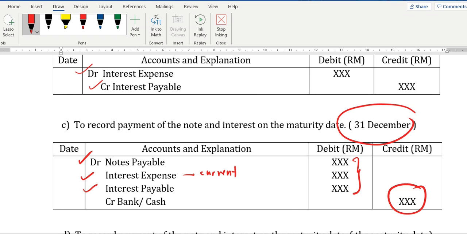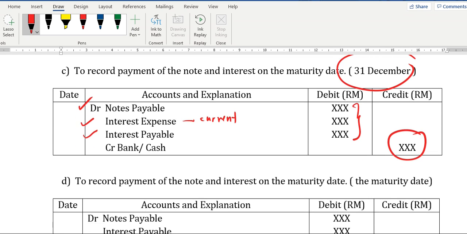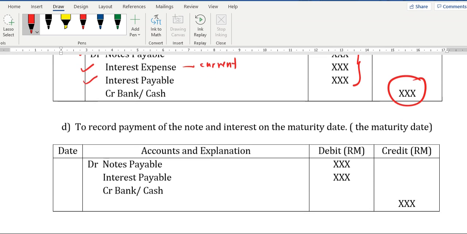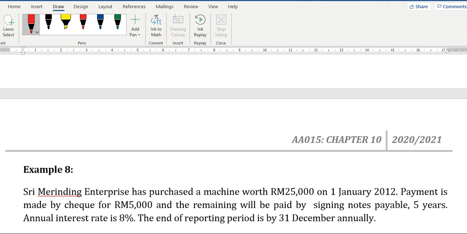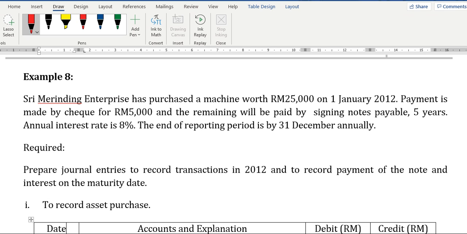Now let us look at an example so that we will have a better understanding of the situation. Given in example 8, the company has purchased a machine at the price of 25,000, and the purchase was made on 1st of January 2012.